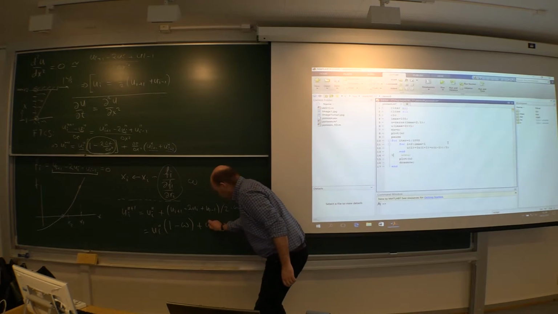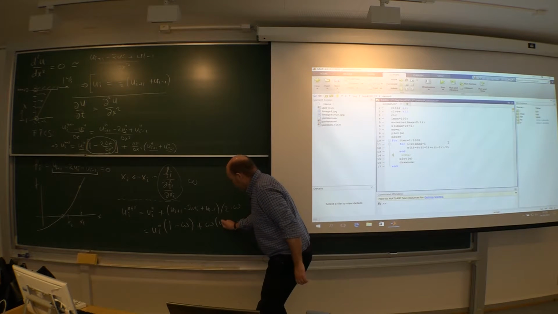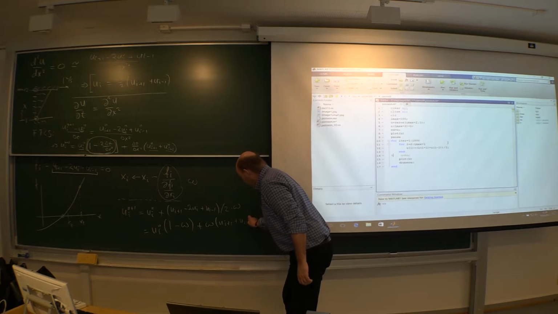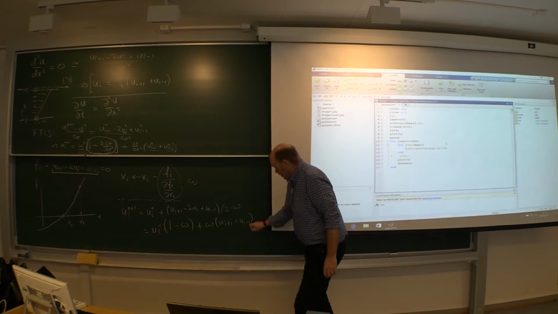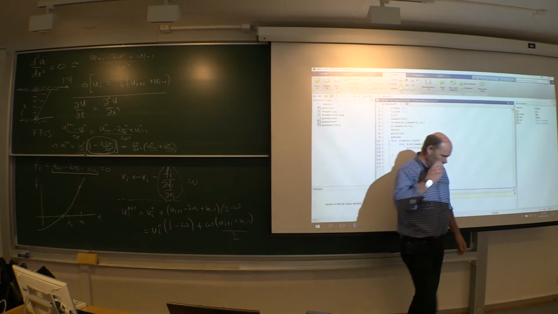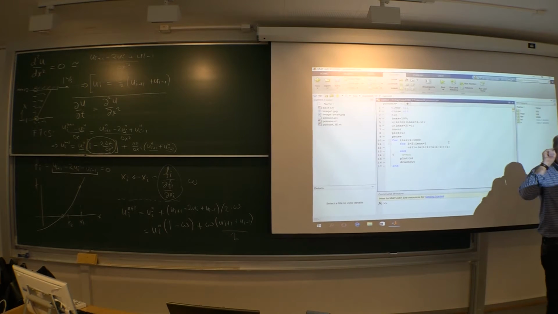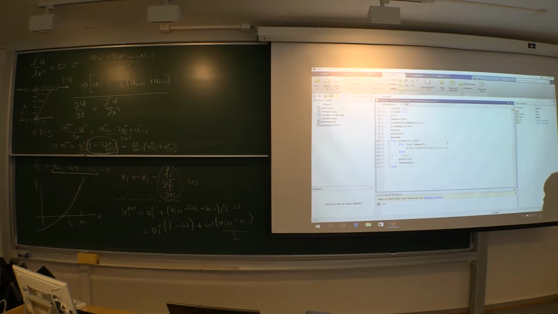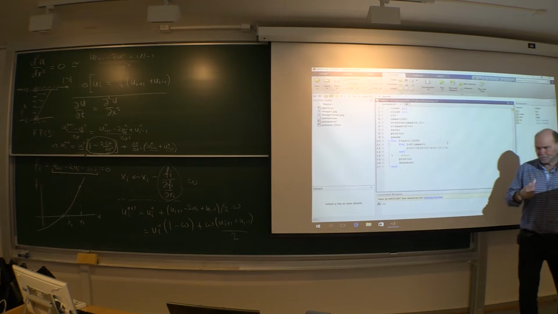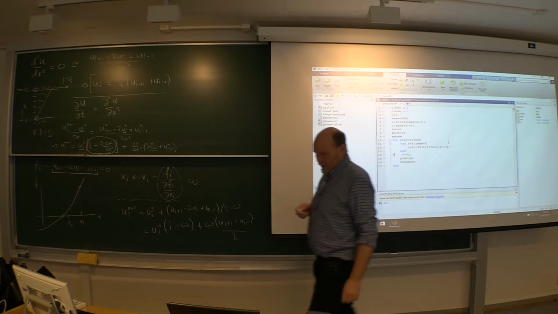So they should read something like this: omega times u_{i+1}, u_{i-1}, and then divided by 2. So now you see, omega equals 1, you are back to what we started with. But now at least we have another parameter we can play around with. Let's see if that one helps.